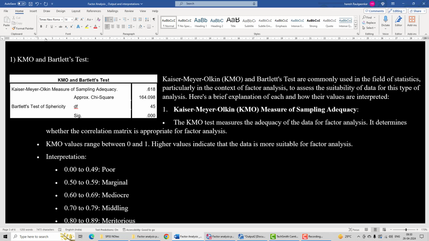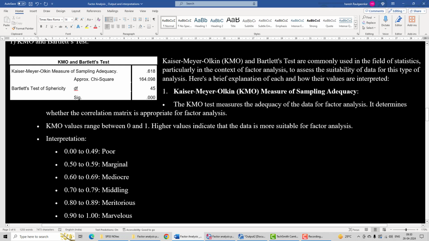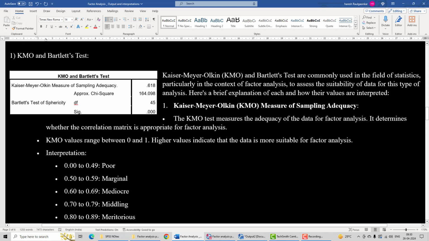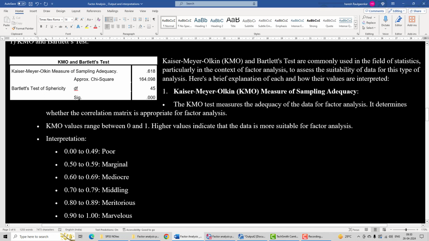In this the KMO value, various values and their interpretation is given. If it is less than 0.5 then it is poor, and higher values indicate the data is more suitable for factor analysis. So currently we have 0.618. It's not so good, but we can say that it's mediocre.